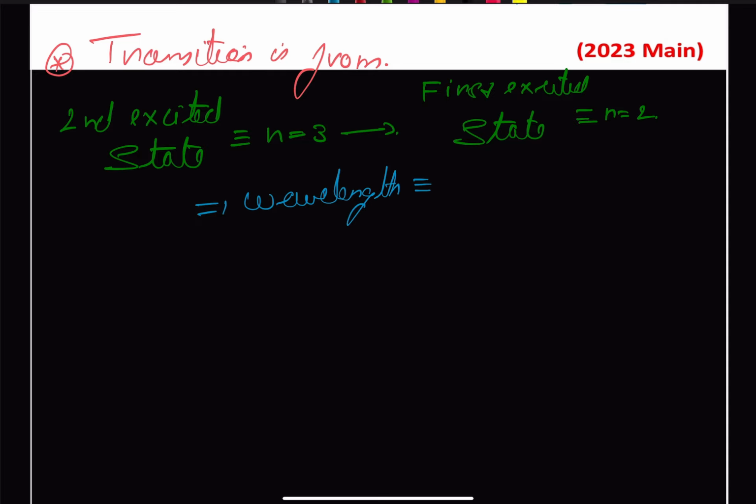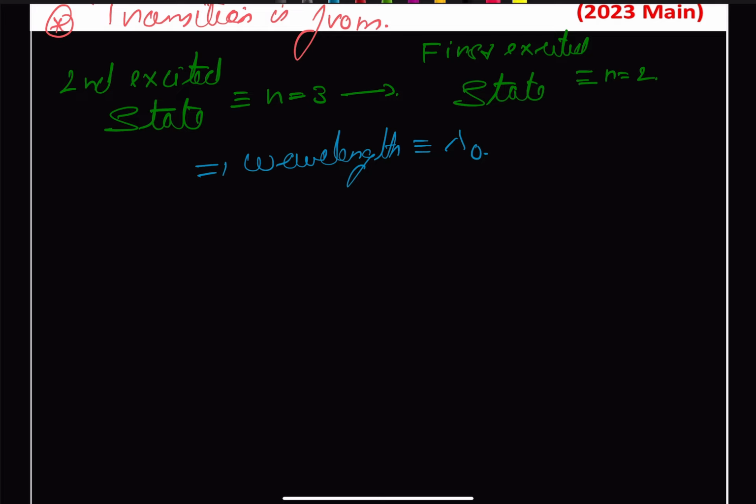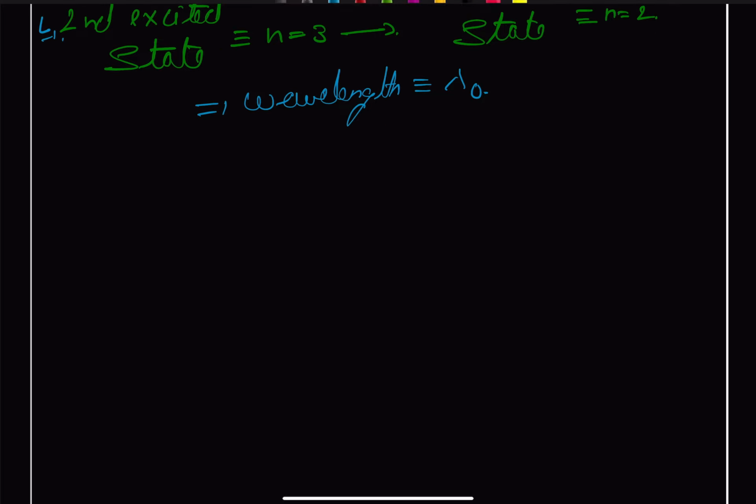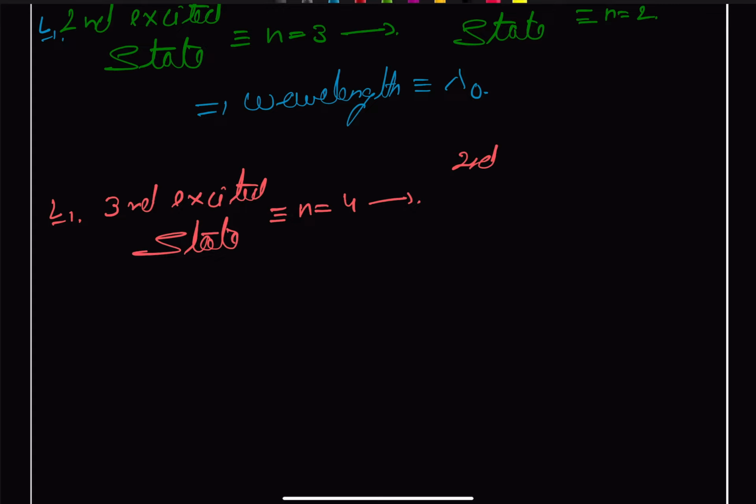Wavelength is our lambda naught, and we have a second transition which is from third excited state, which means value of n is equal to 4, and this is up to our second orbit, which basically means that the value of n is equal to 2.